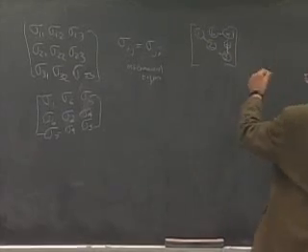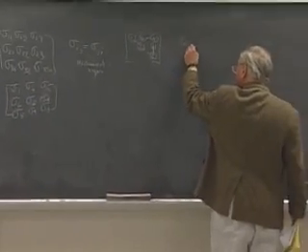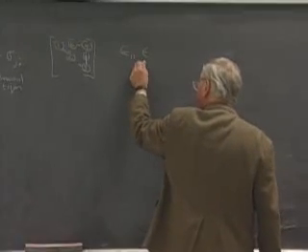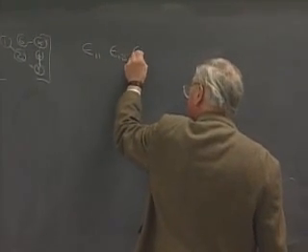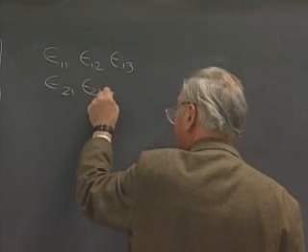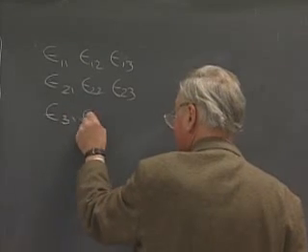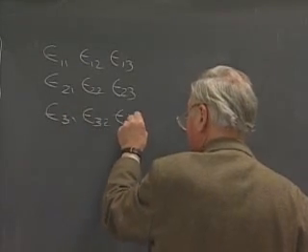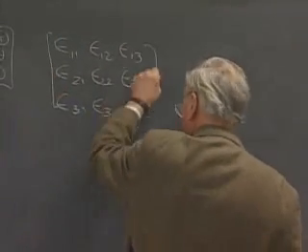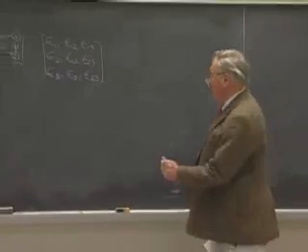Okay, then we did something very similar with the strain tensor, epsilon 1,1, 1,2, 1,3, epsilon 2,1, epsilon 2,2, epsilon 2,3, epsilon 3,1, epsilon 3,2, epsilon 3,3. And we saw that for physical reasons, this tensor also had to be symmetric.